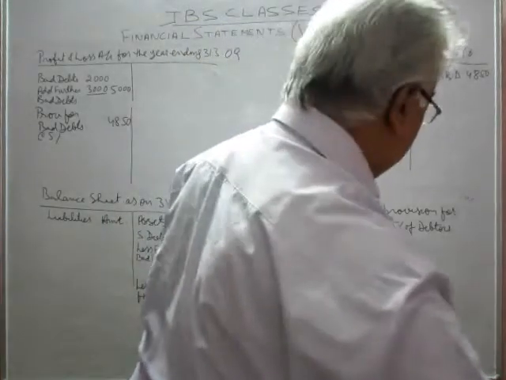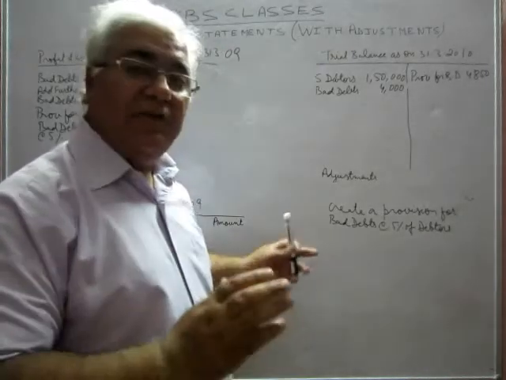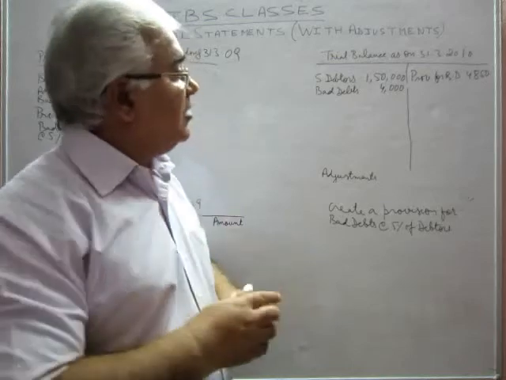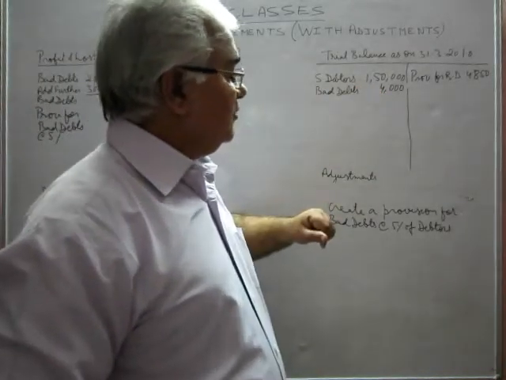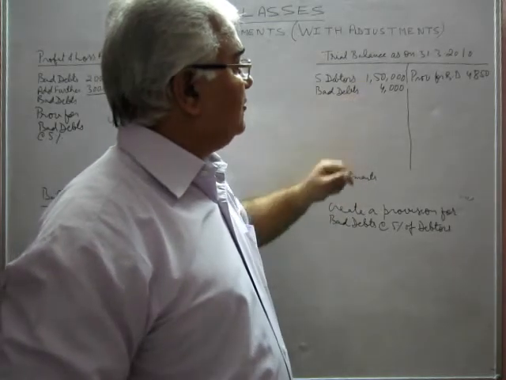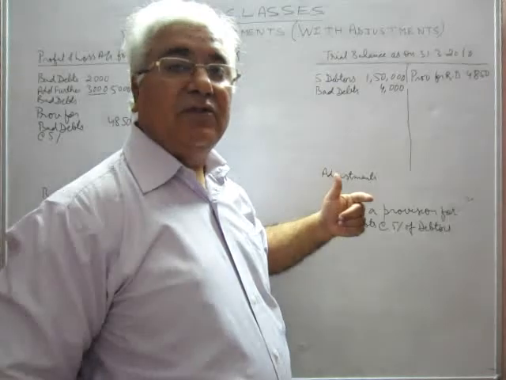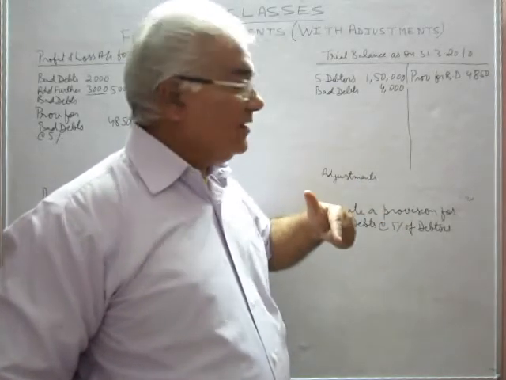So that means this year also we have to create provision at the rate of 5%. On which debtors? That is the amount of debtors we have here, 1,50,000. So 5% of 1,50,000 will be how much? It will be 7,500. So 7,500 is the provision required for next year.